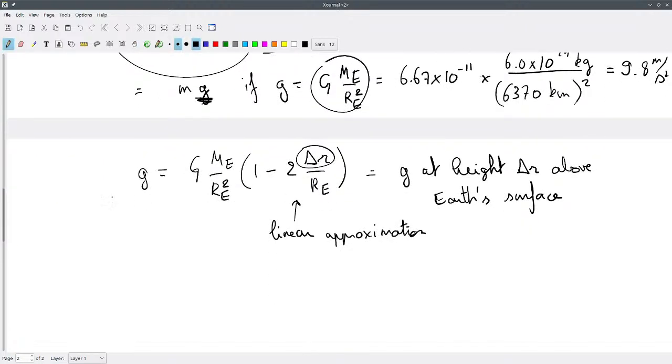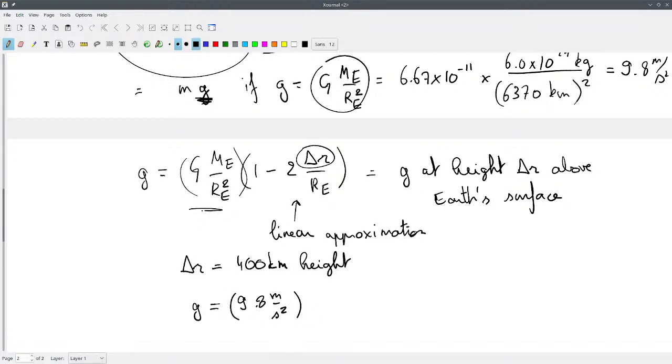So I can look at that. Let's say, for example, we're a satellite at delta r of 400 kilometers height above the surface. Then what is g there? Well, g will be, this is my 9.8 meters per second squared, that's the prefactor here, that didn't change, times 1 minus 2 times 400 kilometers over 6,370 kilometers.